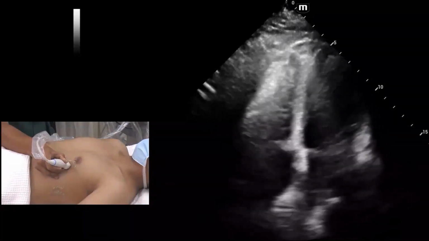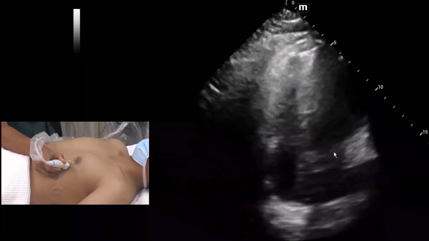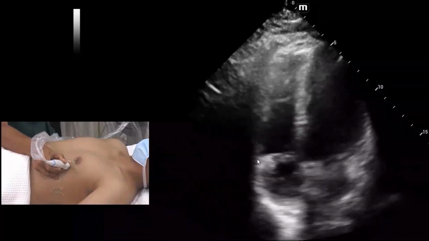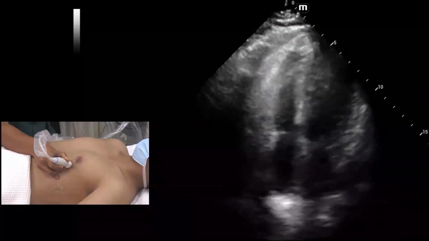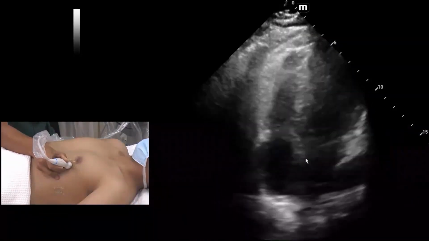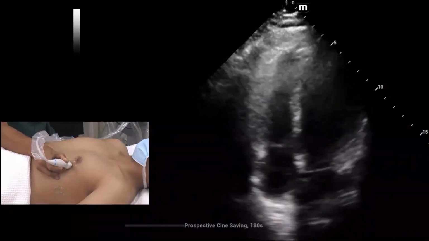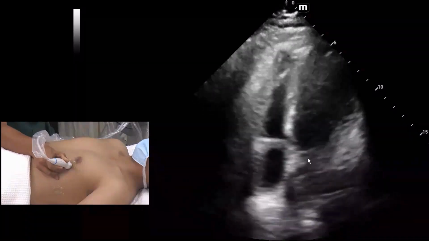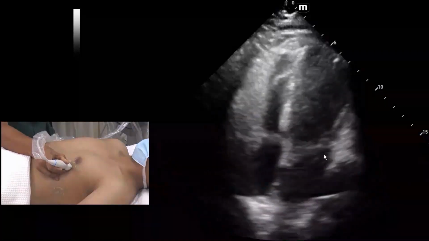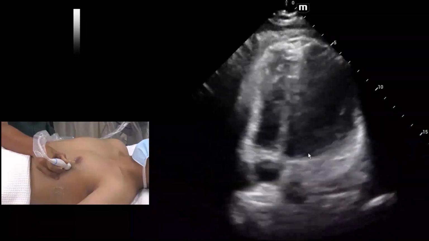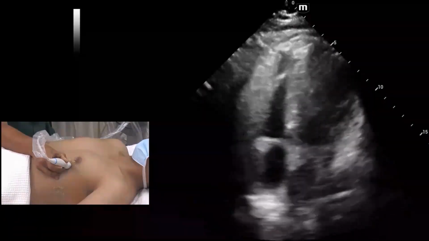Step 2 is to look at other possible etiology. Looking at the valves, the mitral valve and the tricuspid valve, there are three things a basic user needs to look at. Number one is whether there is a mass or vegetation. Number two is whether there is a hole, looking carefully at the adaptation of the valve. Number three, look at the mobility.